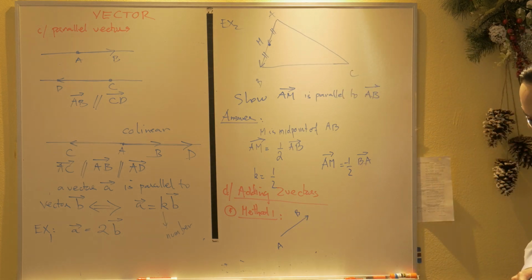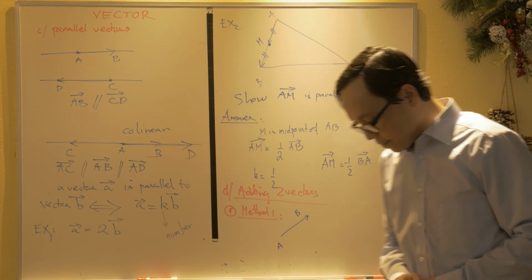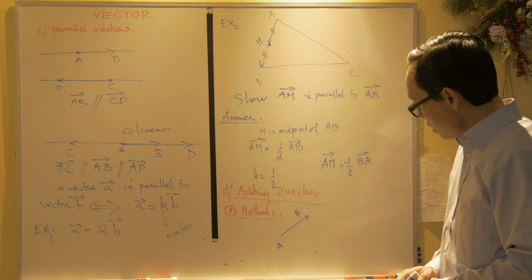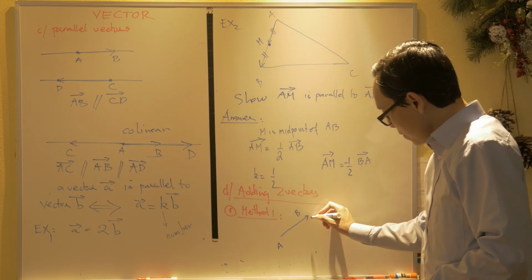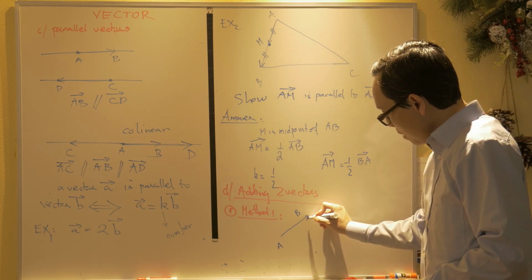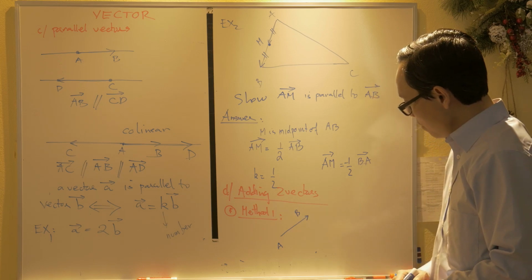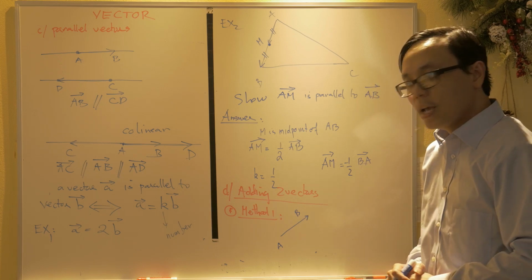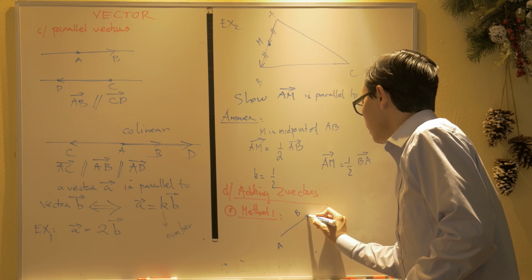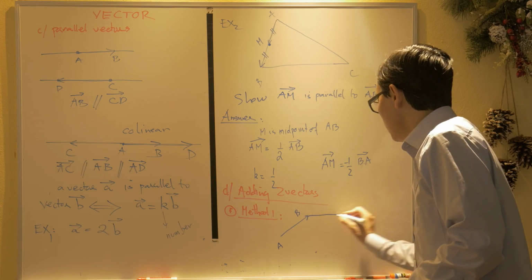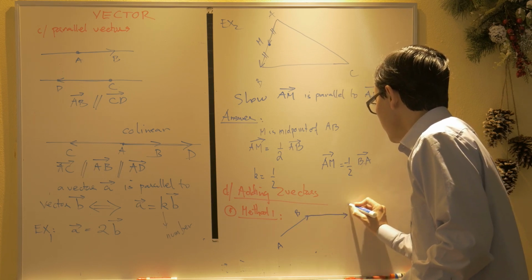All right, so I want to draw another vector, and I use the terminal point of vector AB as the initial point of another vector. So this is vector BC.